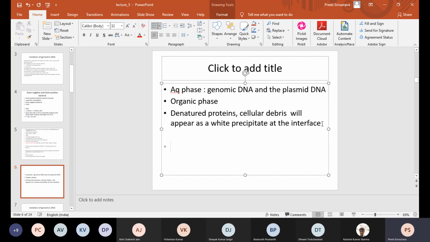In general, people use 2 volumes of ethanol or 0.8 volumes of isopropanol.